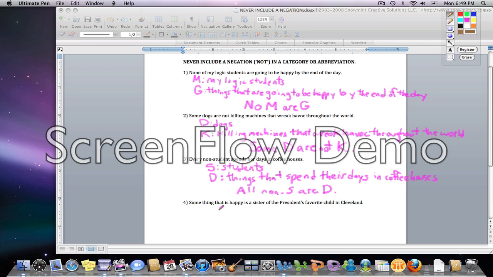Number 4 I've chosen partly because it corresponds to a couple of the trickier exercises. There are definitely some trickier exercises, as always, that you should take a look at in the book. Here we have something that is happy is a sister of the president's favorite child in Cleveland. Okay, the categories here are, again, you got to just think about the grammar.